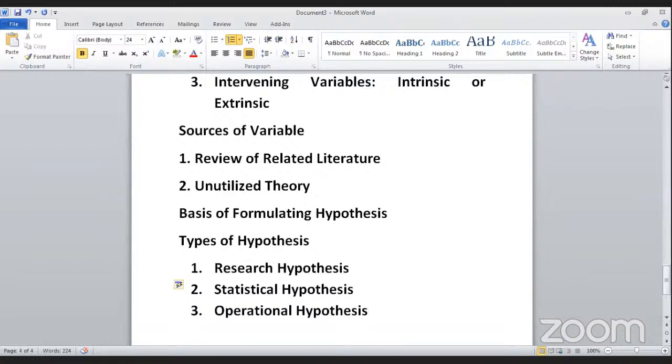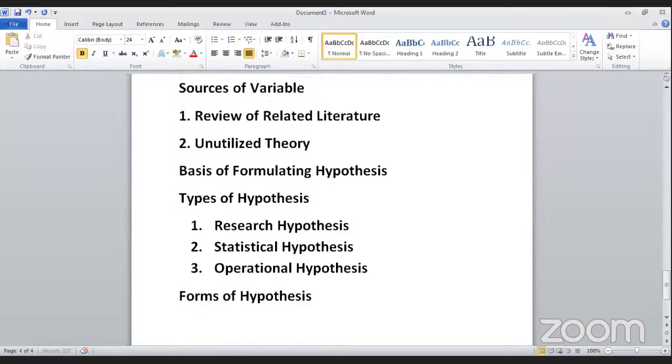And as a researcher, it is your choice. Another thing is, it's not a type of hypothesis. Now it is forms of hypothesis. And dear friends, there are two forms. One is called null form.